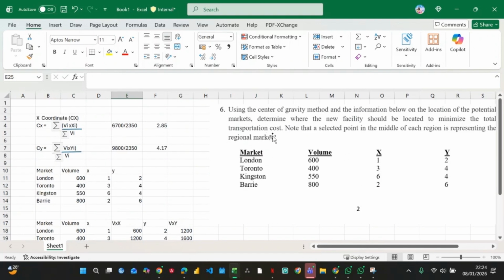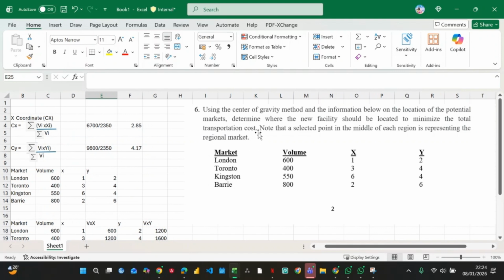So if you look at this now, the question is, we want to determine where the new site should be located to minimize the total transport, right? Note that the selected point in the middle of each region is representing the regional market. Do you understand?